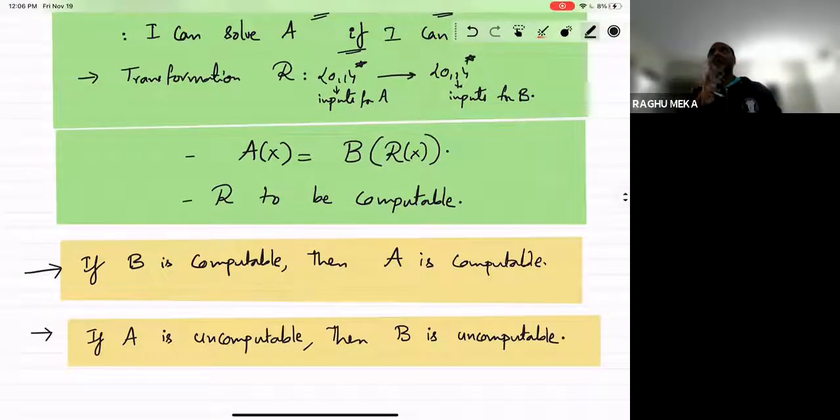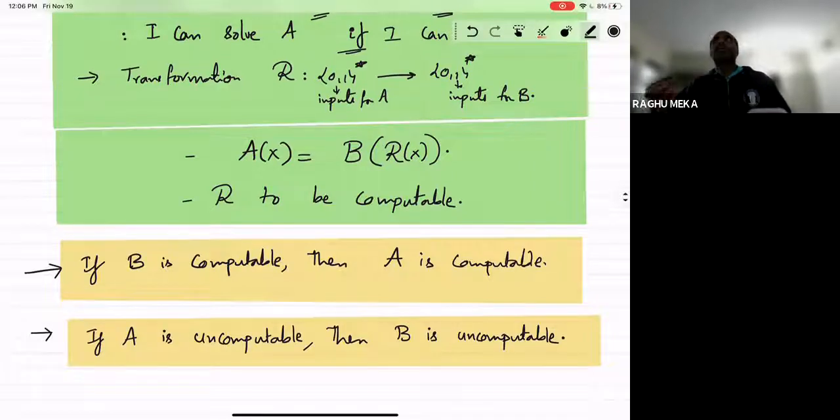Okay, so there are two implications of the same construction, really.